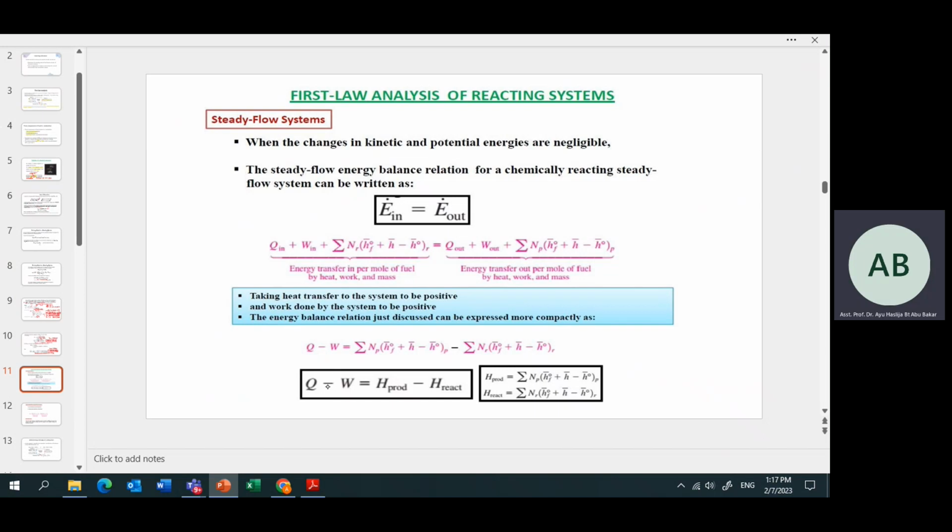So in summary, Q minus W is equivalent to H product minus H reactant. Q here means Q in minus Q out. W here means W in minus W out.